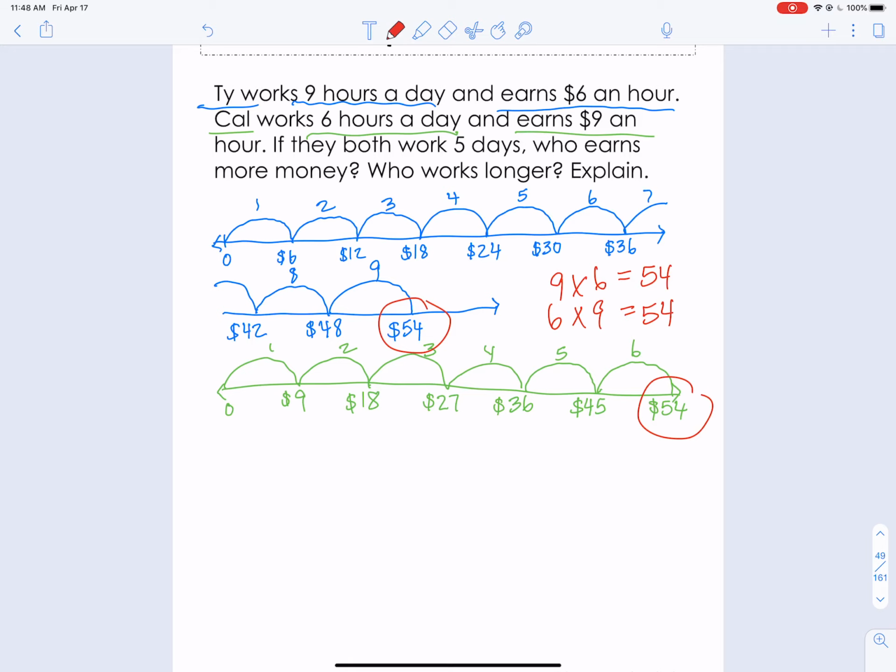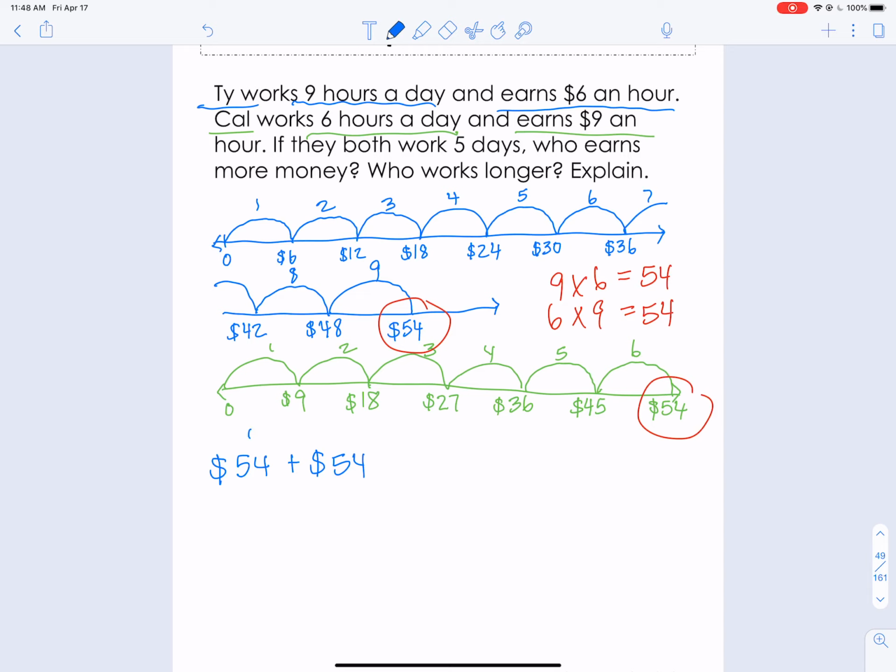So for the question where it says if they both work 5 days, who earns more money? Let's go back to Ty for a second. So I'm going to go back to blue. So $54 is how much he makes in one day. So after another day, he makes another $54.